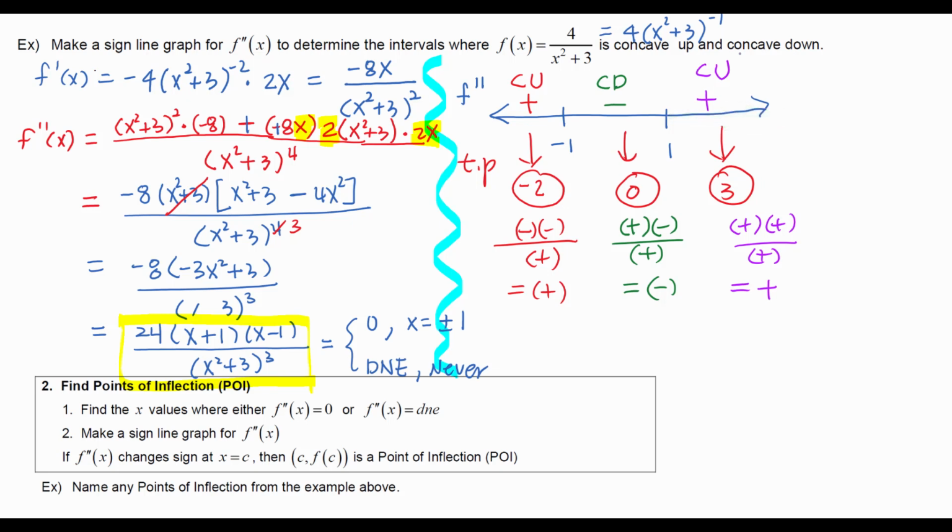So now you can answer the question. The graph of f is concave up on negative infinity to negative 1 union 1 to infinity, and f is concave down on the interval in the middle, so on negative 1 to 1.